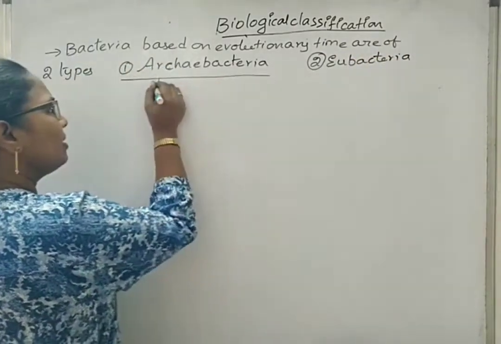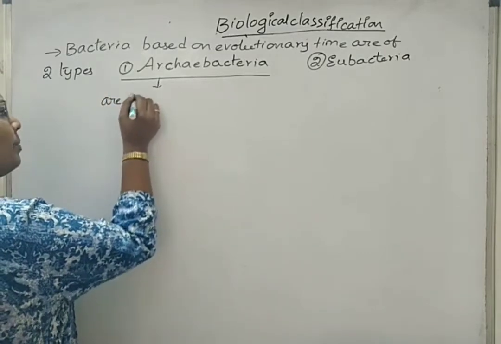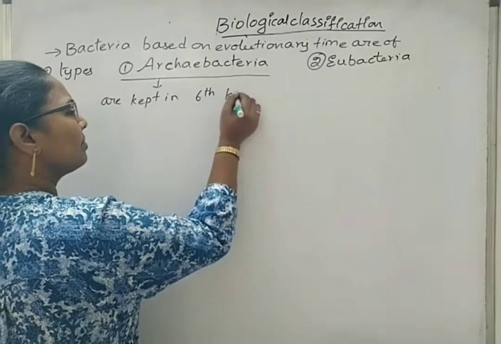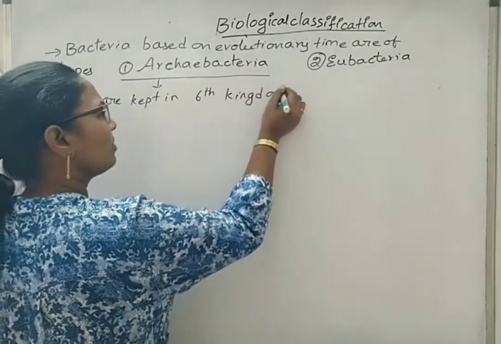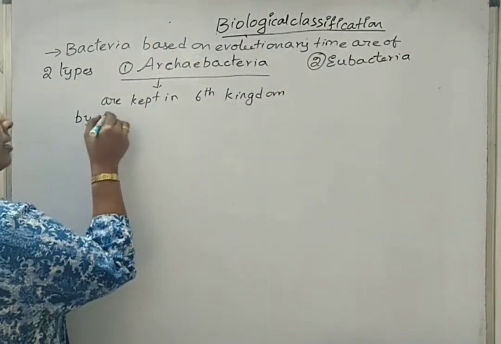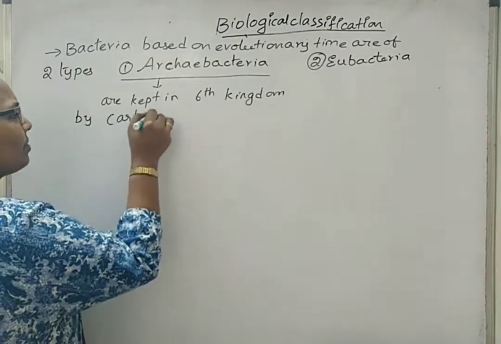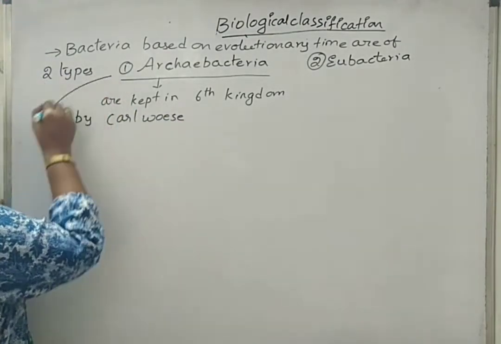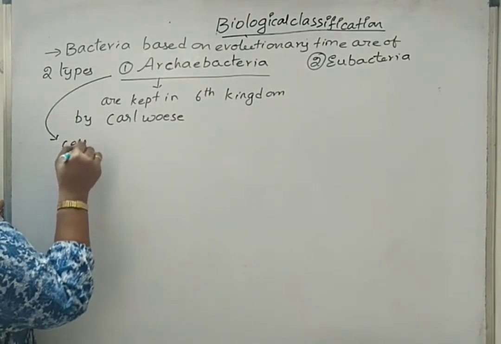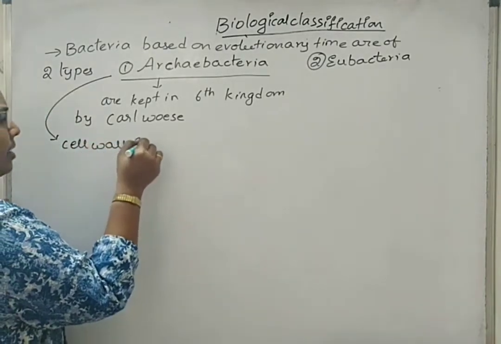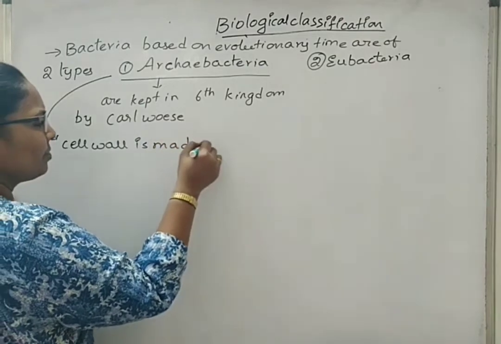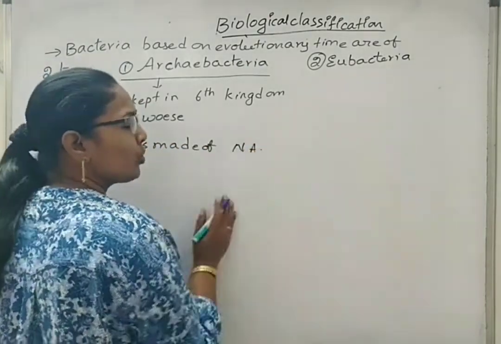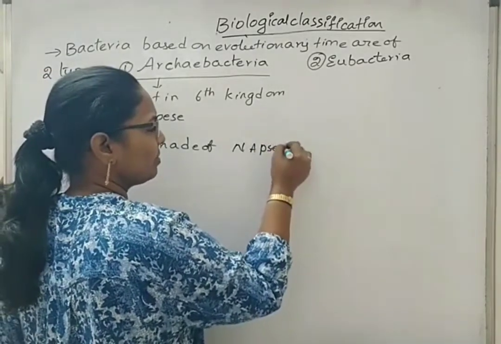Archaebacteria are kept in the sixth kingdom by Carl Woese. Here, Archaebacteria cell wall is made of N-acetyl pseudomuramic acid.